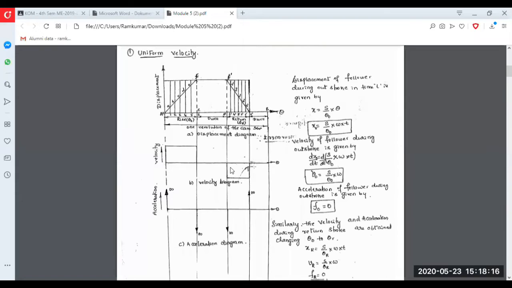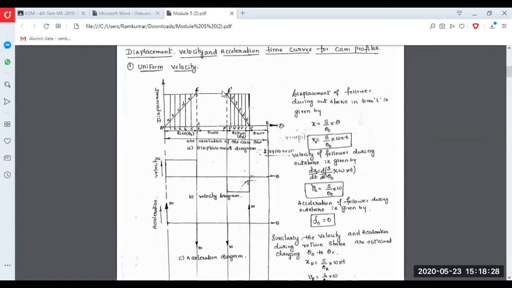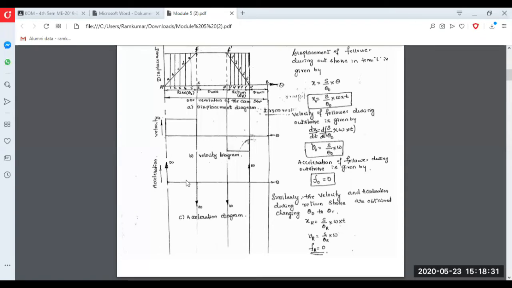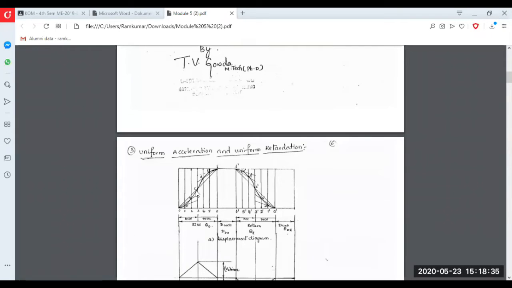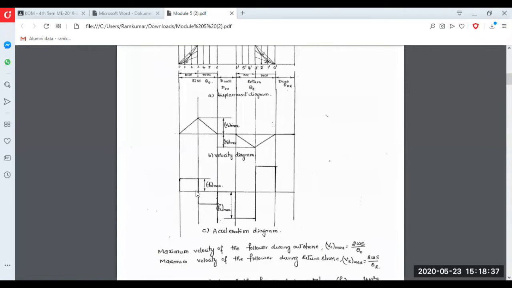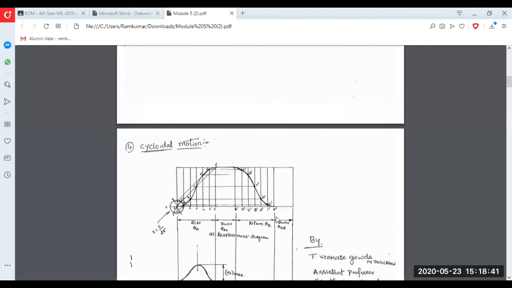And again there are the displacement, velocity and acceleration curves. Here you have to remember the formulas for lift, velocity and acceleration. There are actually four different types of motion. One is uniform velocity, another is uniform acceleration and retardation, another is simple harmonic motion, and the fourth is cycloidal motion.